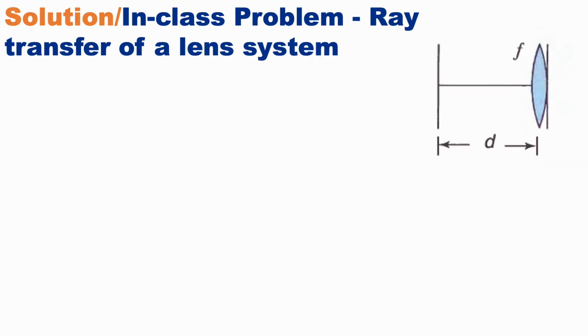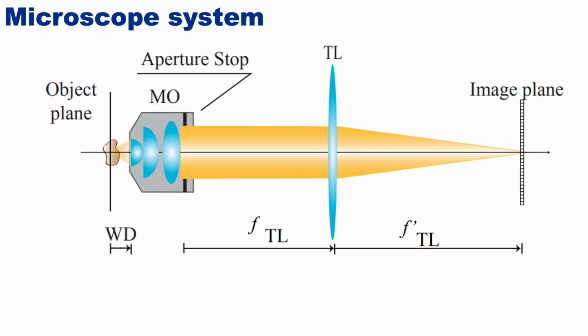Let's talk a little more about the microscope system. A microscope is composed of an infinity-corrected microscope objective lens. We put the object at the working distance. Light emitted from the object gets collected by the objective lens, and because it is infinity corrected, we would see a clear image of the object at infinity.